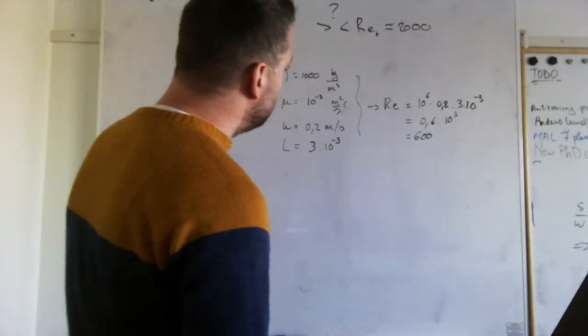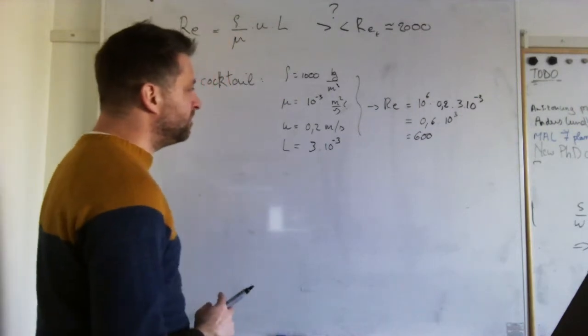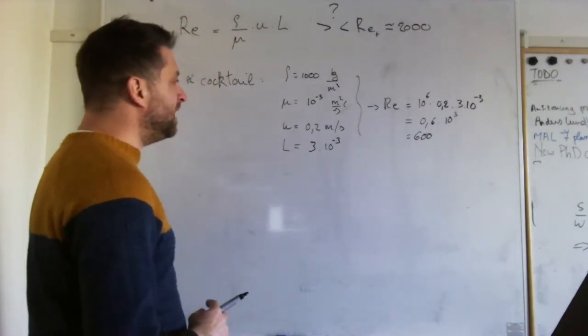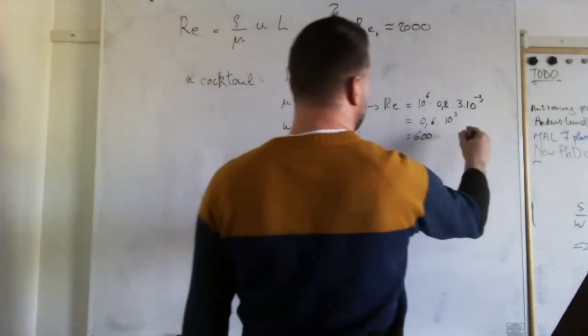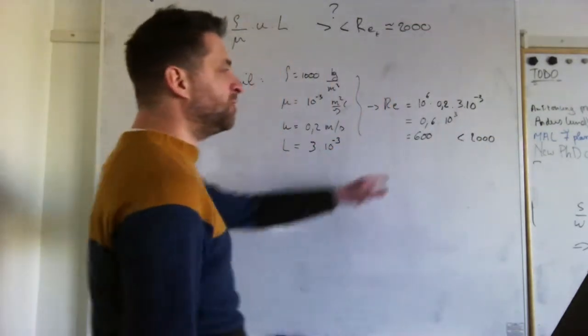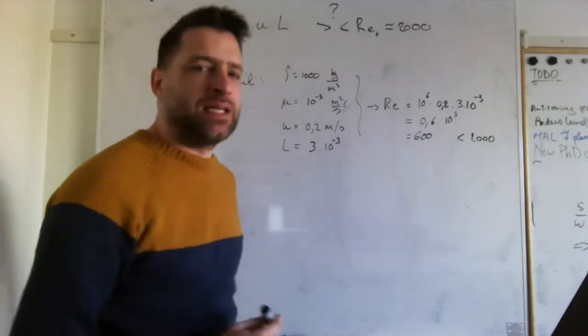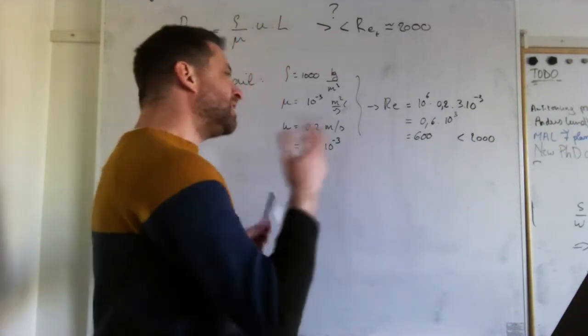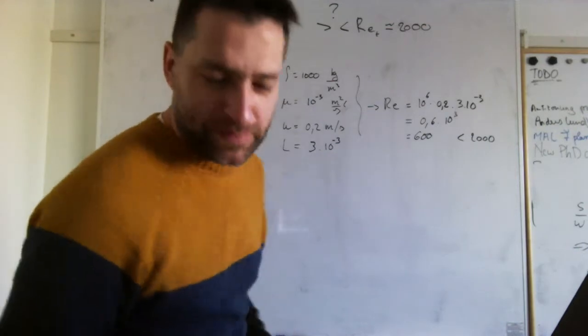Okay, so this is below 2000. So we can say it's laminar, but we see it's actually rather close to 2000. So it's borderline, but we could still say it's a laminar system. Okay.